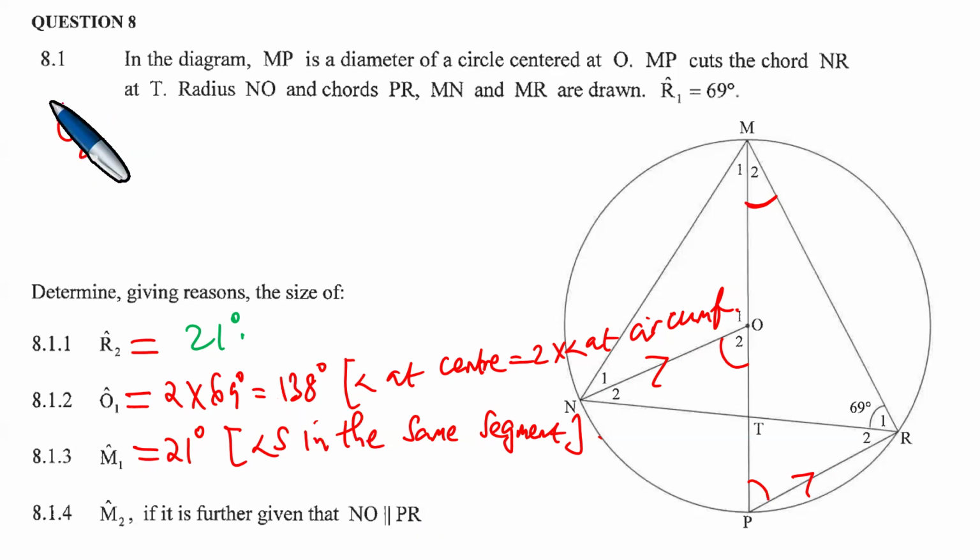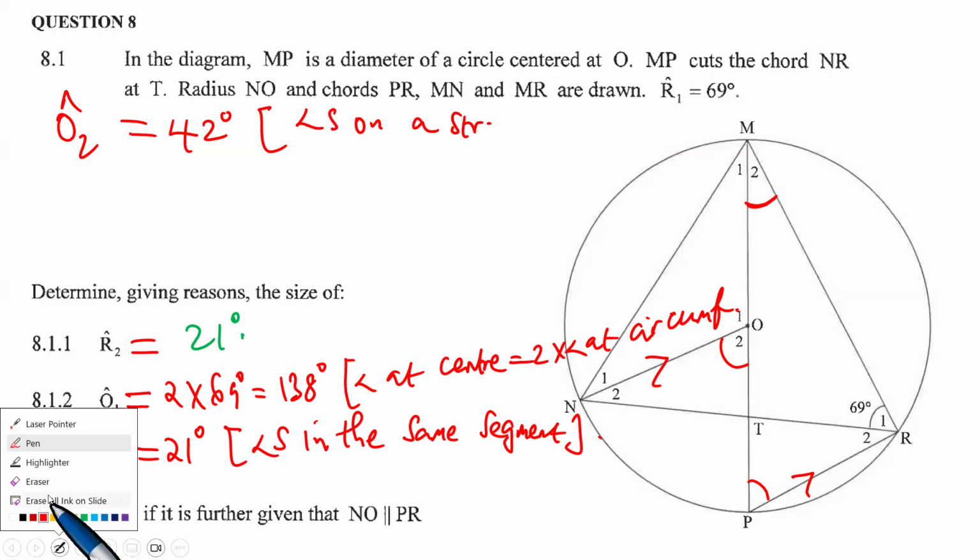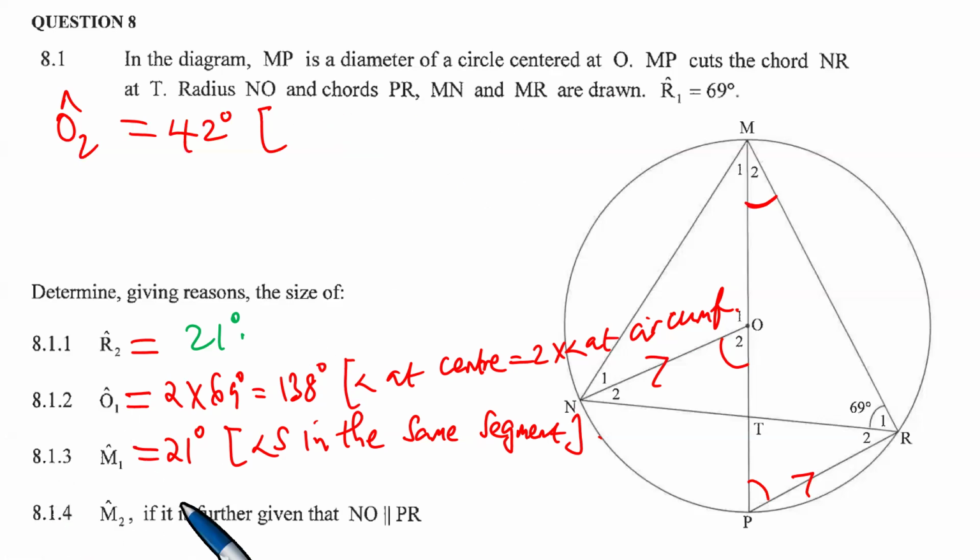Angles on a straight line, because we've already found O1 to be 138 degrees. We just say angles on a straight line. The best way is to say the angles must be next to each other on a straight line, so we say they're adjacent angles on a straight line.